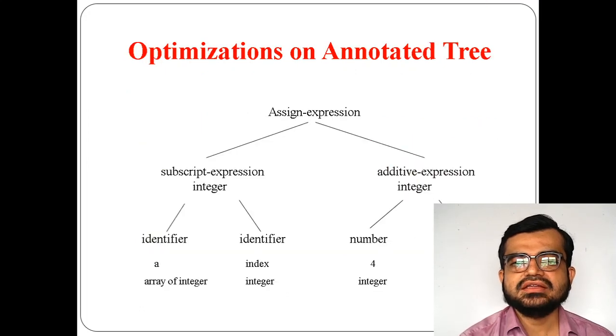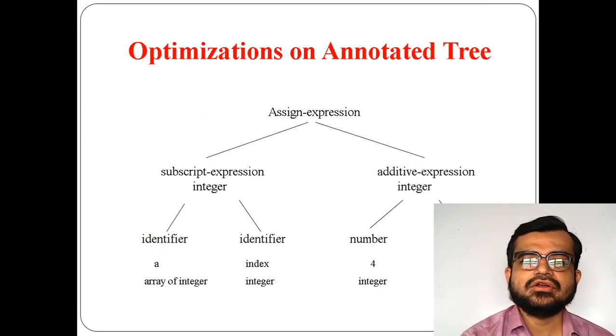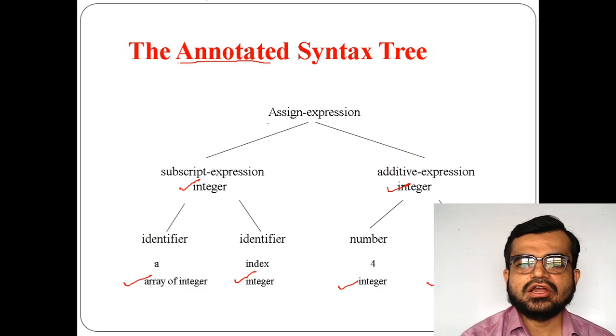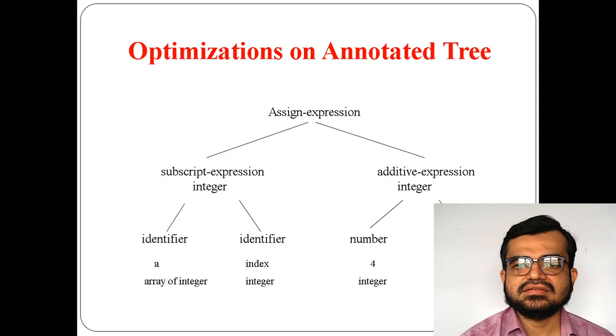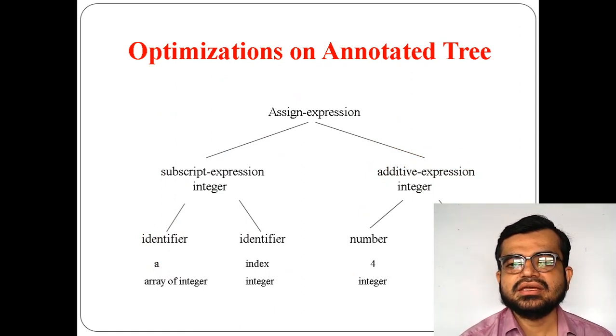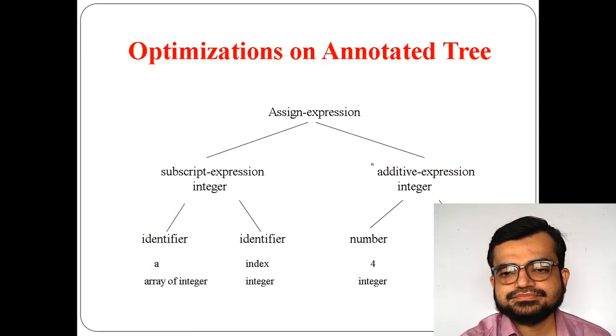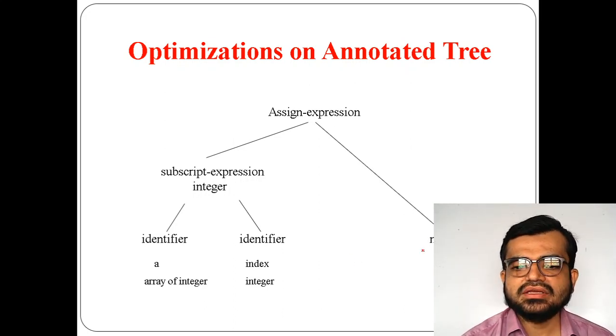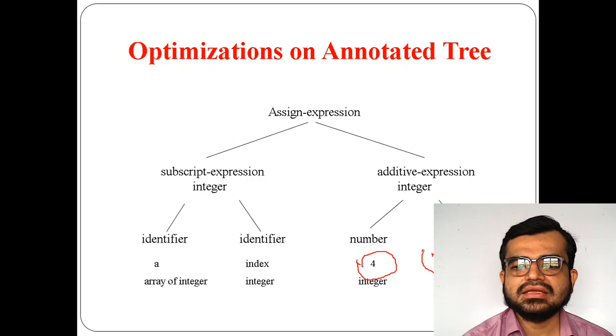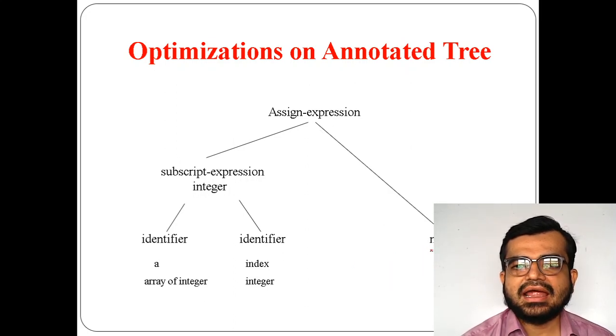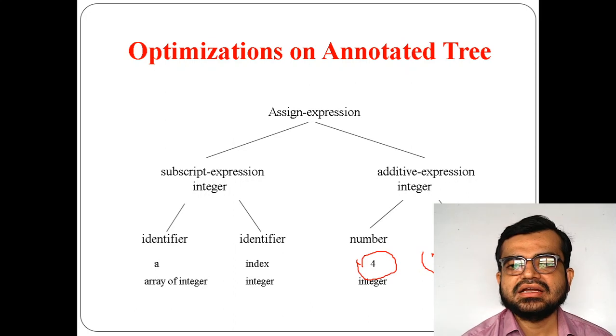For example, this is the annotated tree which you have got from the semantic analyzer. Now this part, 4 and 2, is the extra part. We make it into a single number and directly assign it to the assign expression.